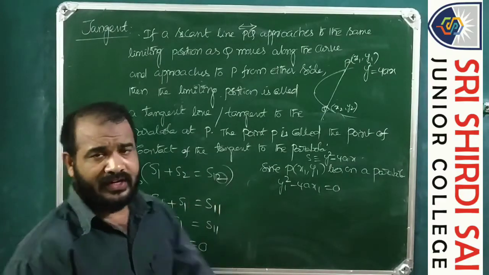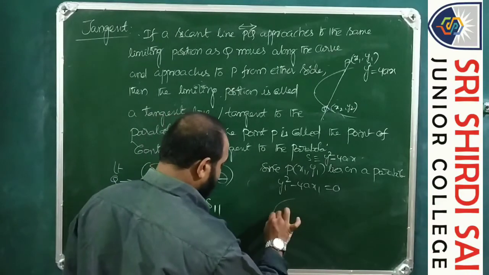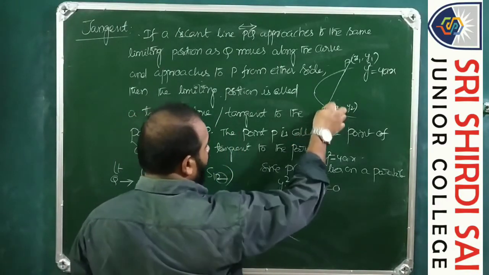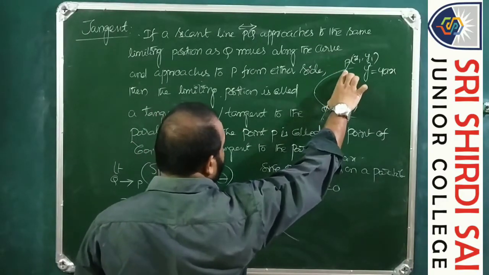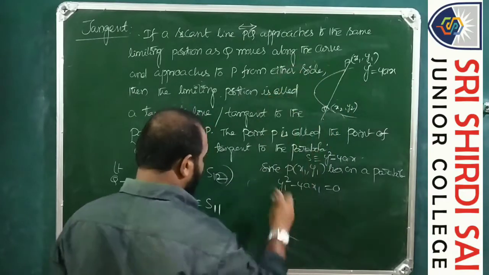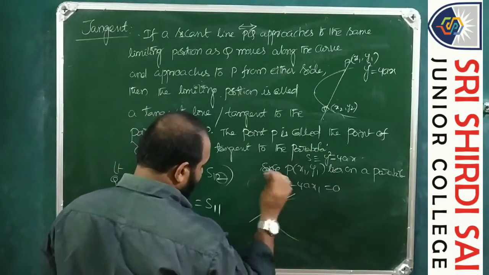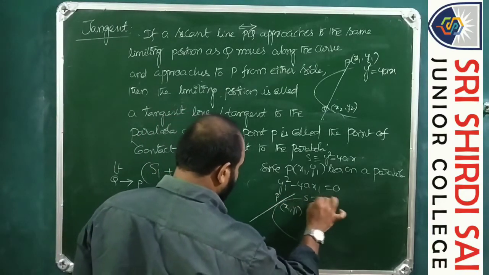Therefore the equation of the tangent to the parabola at the point P x1 y1, that means Q is tending to P until this chord PQ becomes the tangent to the parabola. So this is P, this is x1 y1, and the parabola here is S equals 0.